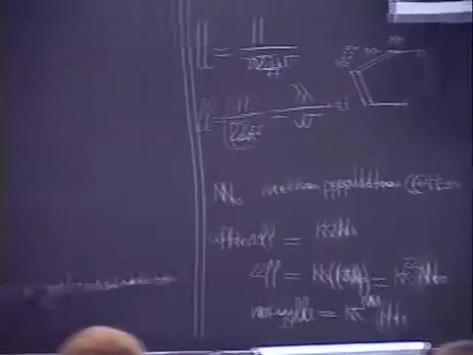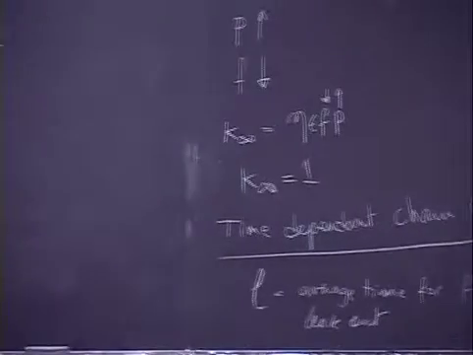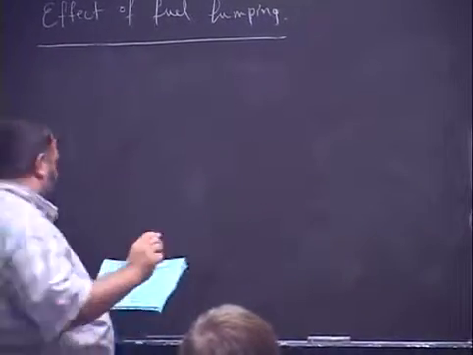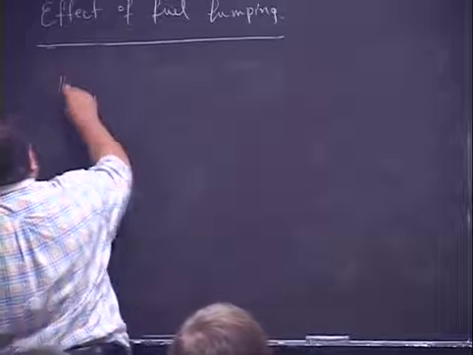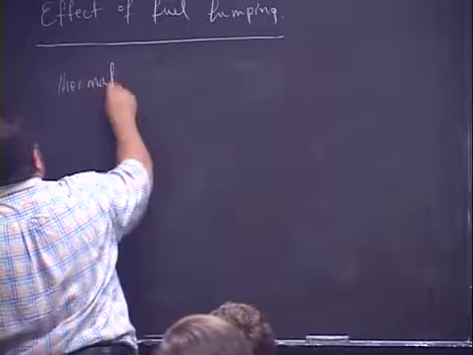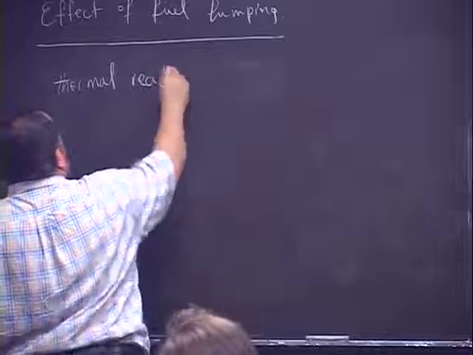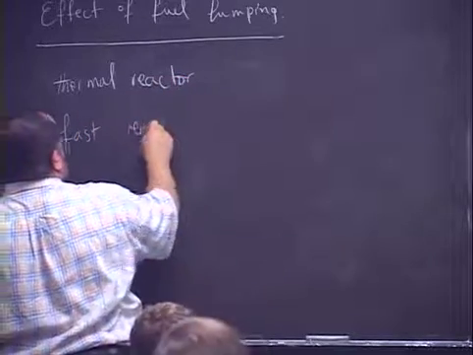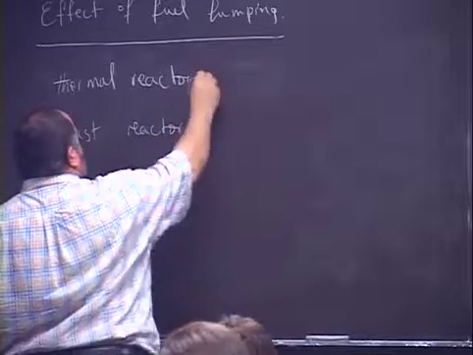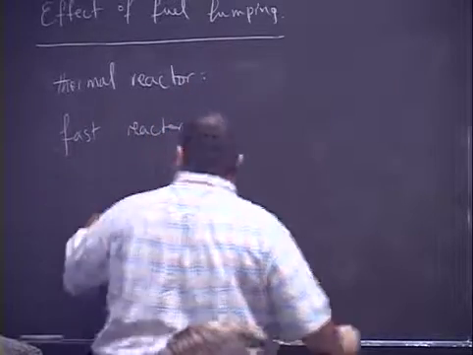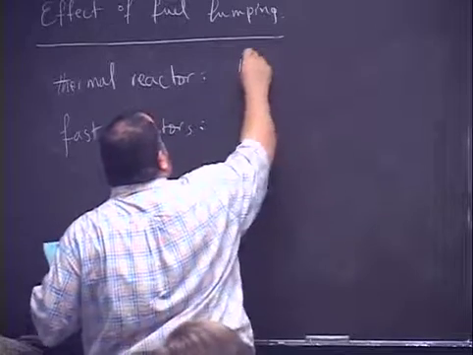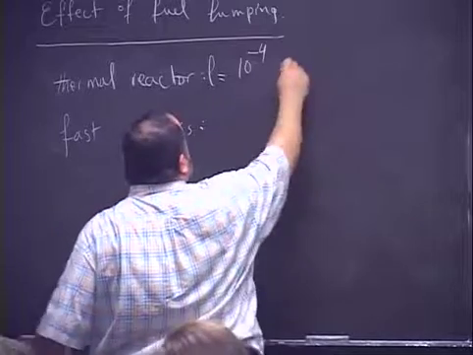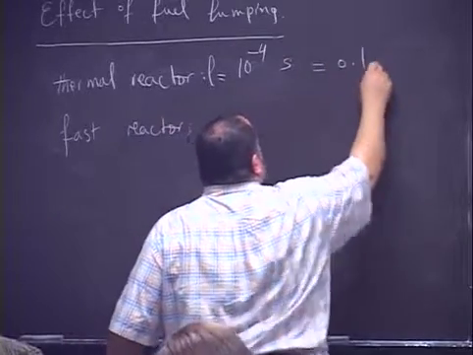Now, usually, and keep this in mind, usually in thermal reactors and fast reactors, in a thermal reactor L is on the order of 10 to the power of minus 4 seconds, 0.1 millisecond.